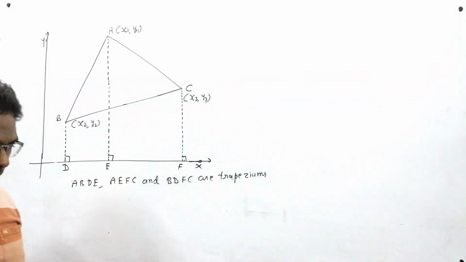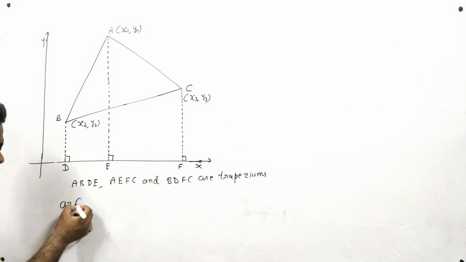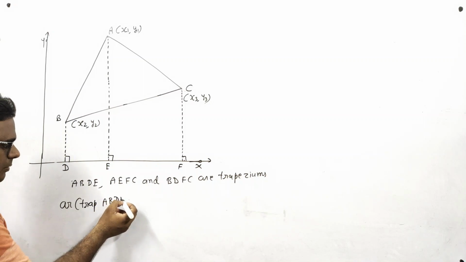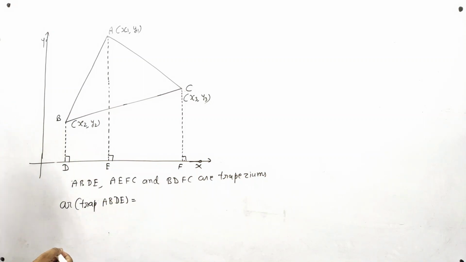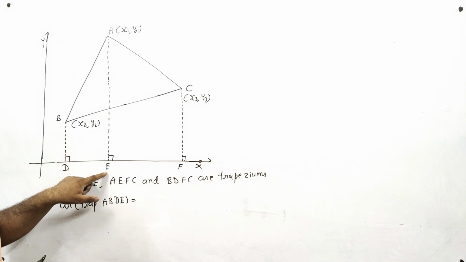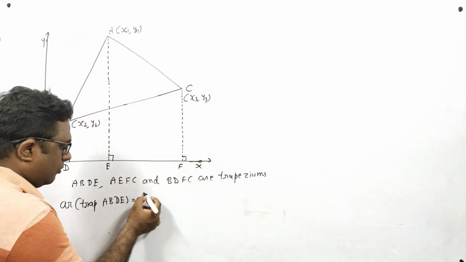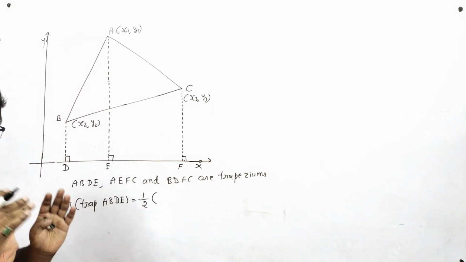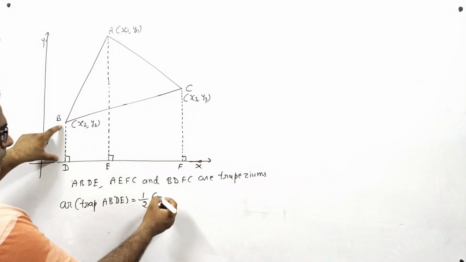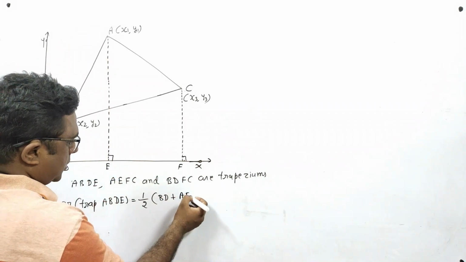So first of all, you must remember this formula, and if you have remembered, then let us come to our main question. First of all, I am coming to the area of trapezium ABDE. It is a trapezium, I told you, and I want to find out its area. So the formula of area is half into sum of parallel sides into height. So who are the parallel sides? BD and AE are the parallel sides.